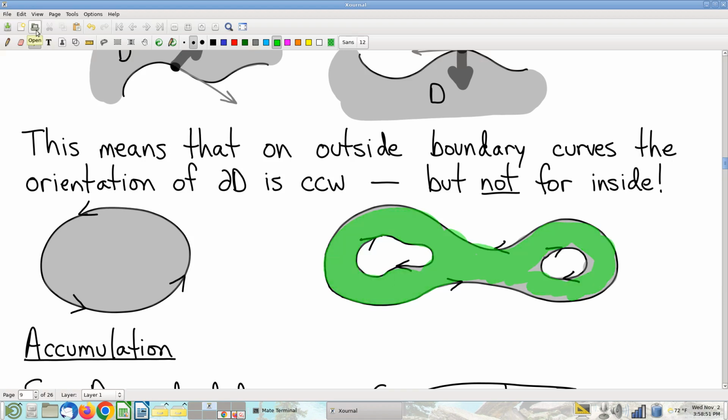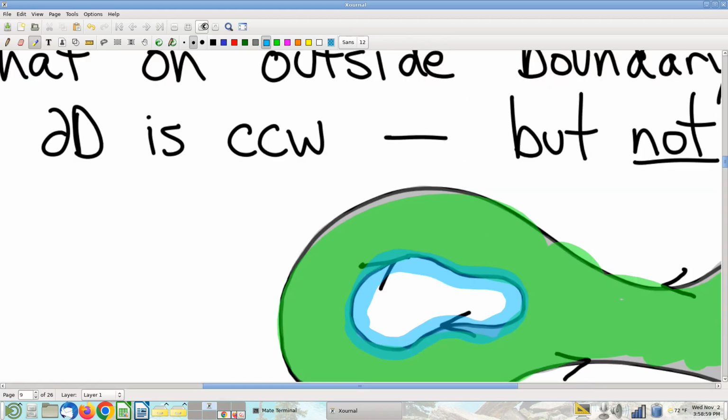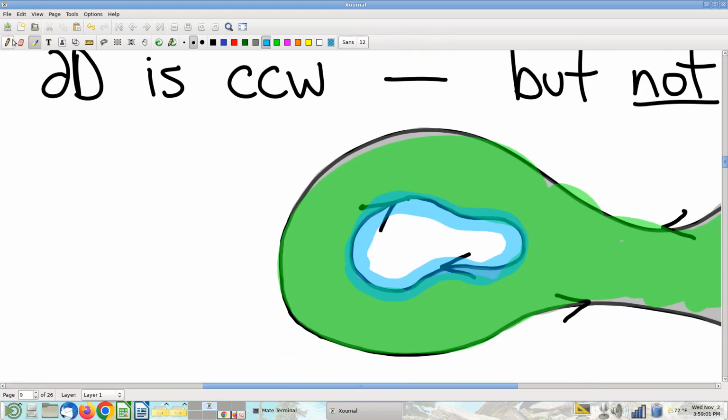If you look at this piece of boundary curve right there, notice you'd have to go that way in order to have the region on your left. And notice that going that way has you going clockwise, not counterclockwise. Everybody see that? So beware this whole counterclockwise oversimplification. It's just not always true.